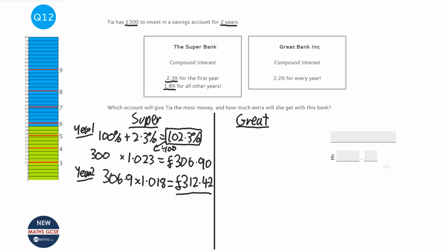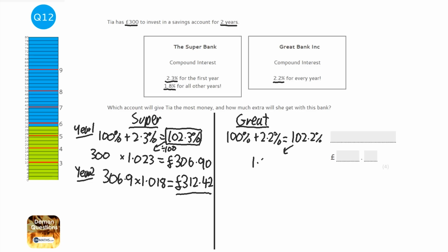Now the Great Bank's a bit easier because it's just going to stay at 2.2%. So let's work out the multiplier. 100% plus 2.2% equals 102.2%, and then as a multiplier, that is 1.022 by dividing it by 100. So we're going to times that £300 by 1.022.